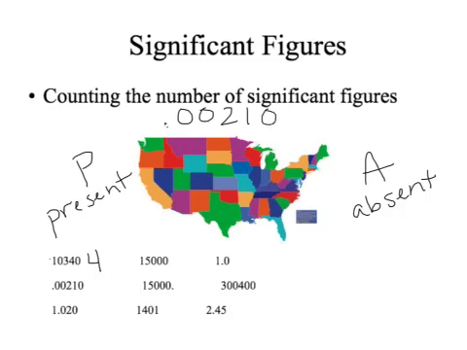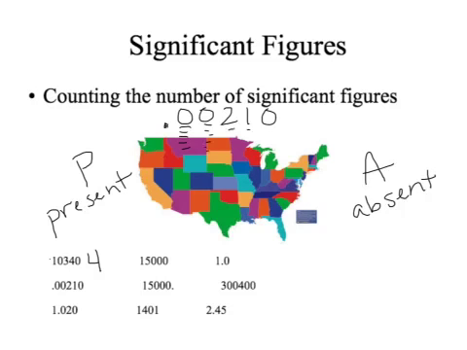Now I have a decimal present. With that decimal present, I have to look at what digits are significant, and all digits that are on the Pacific Ocean side of this decimal, or of this number, are not significant. So this one and this one are not significant. All other digits are. So 1, 2, 3 significant digits for that number.